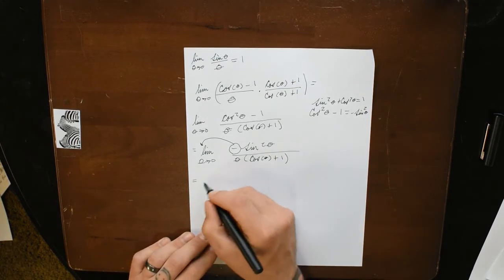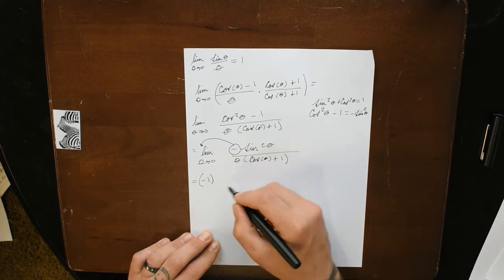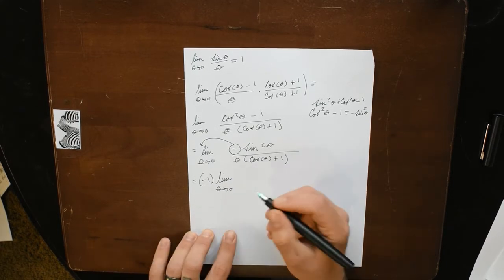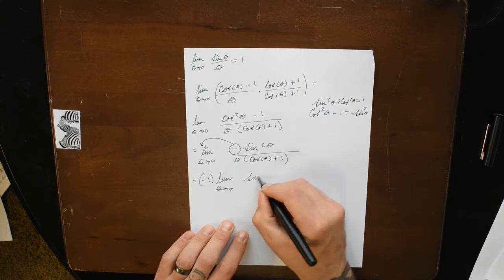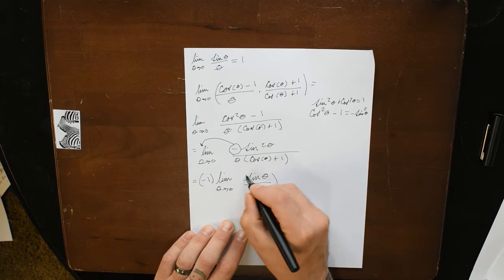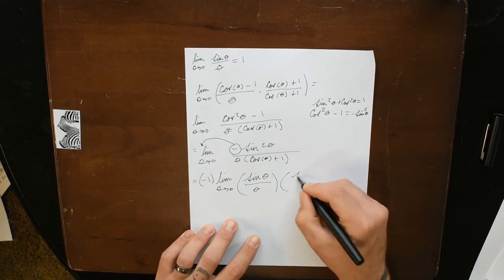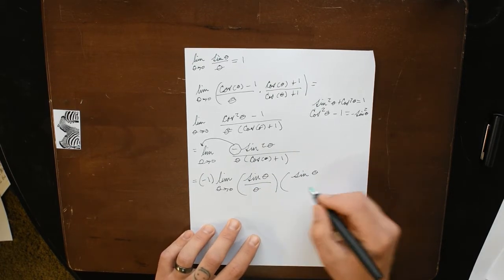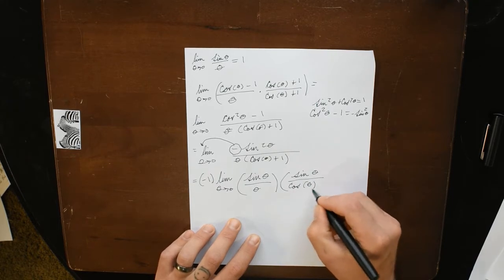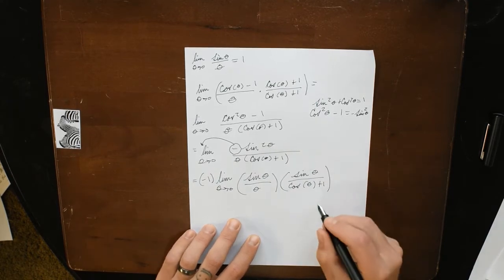This will be equal to negative 1 times the limit as theta goes to 0 of the sine of theta divided by theta, times the sine of theta all over the cosine of theta plus 1.